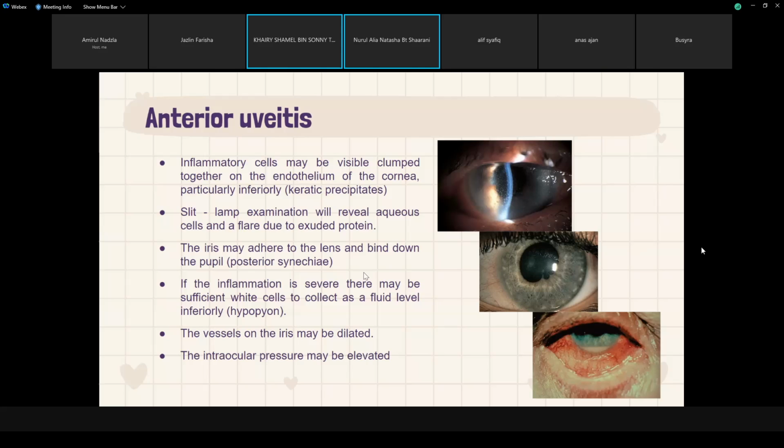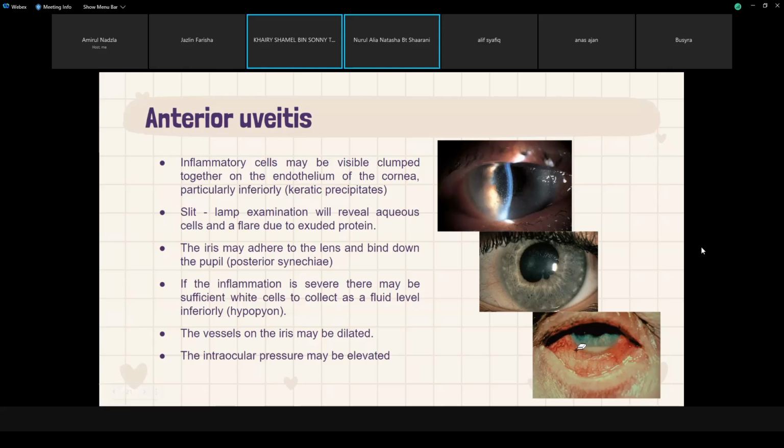Is it here? Oh, sekejap. Atas sikit. You see that fluid level tu? Ada fluid level yang white tu? Yes. That is hypopion. Okay.